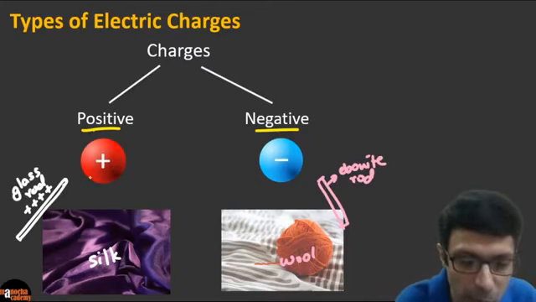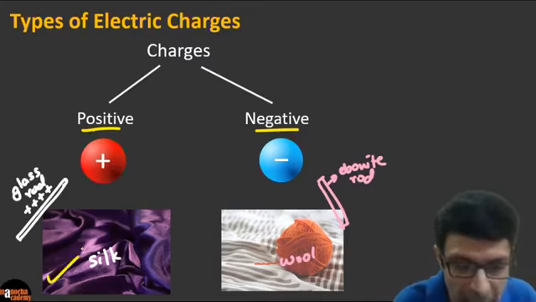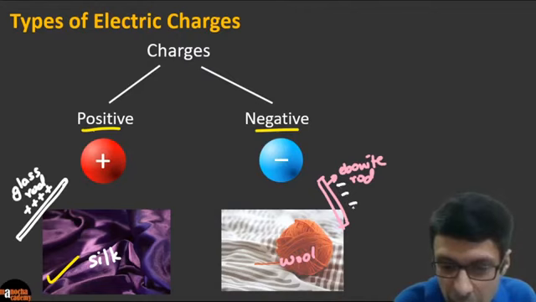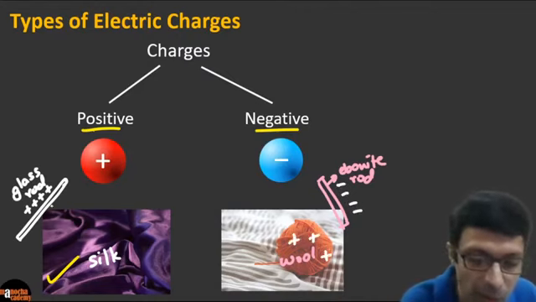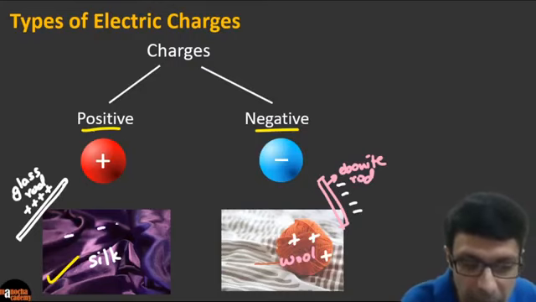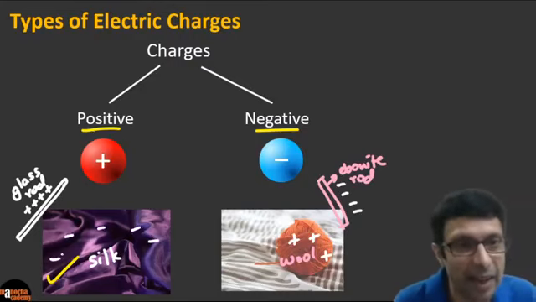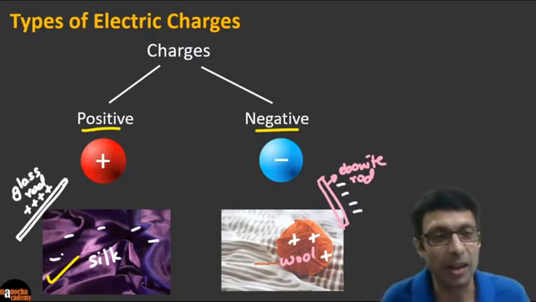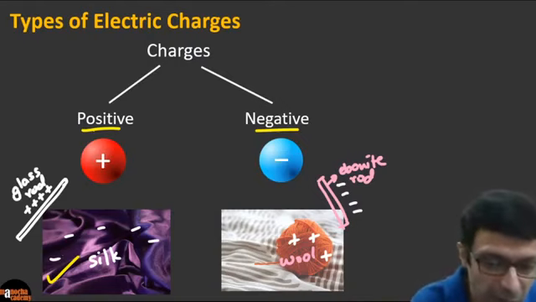And when the ebonite rod is rubbed on wool, the ebonite rod gets a negative charge, and the wool, of course, gets the opposite, positive charge. In the same way, the glass rod gets a positive charge and the silk cloth gets a negative charge. Clear guys? So these are the types of charges, positive and negative.